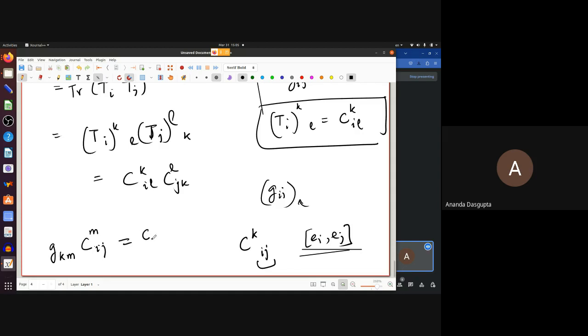And you define this to be C, a new C, with all lower indices. You did that. It will turn out, and that's what I'm going to prove next day, that this C_kij is antisymmetric in all the indices. Completely antisymmetric.